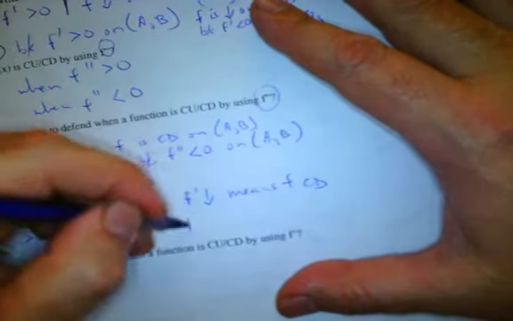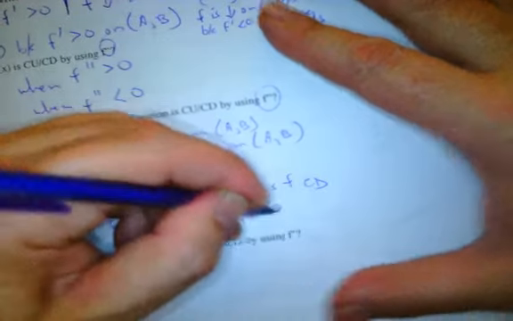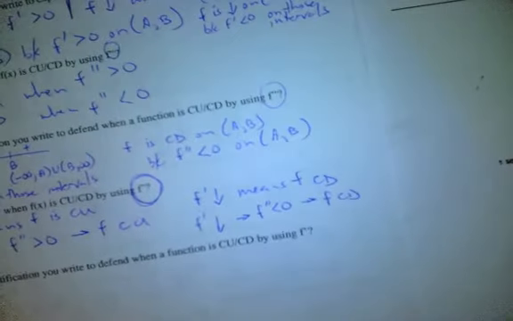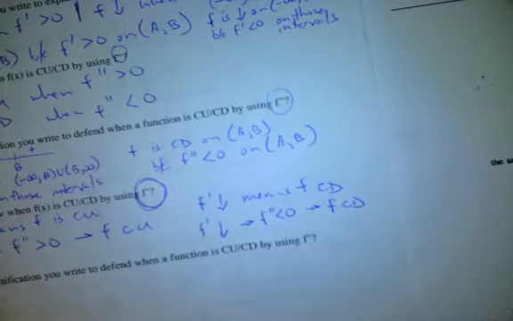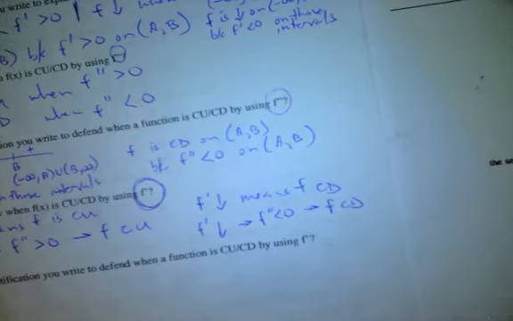Likewise, f prime decreasing means f is concave down because f prime decreasing means f double prime less than 0, which means f is concave down. So we can use f double prime to determine concavity of f, but we can also use f prime and whether f prime is increasing or decreasing to determine the concavity of f.